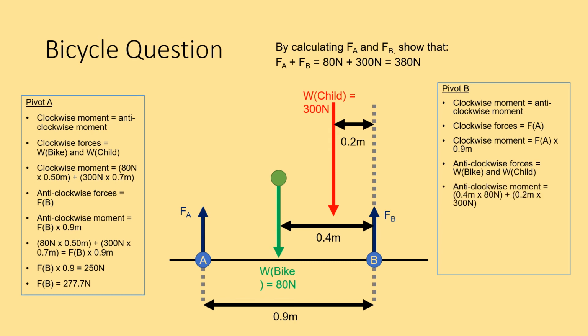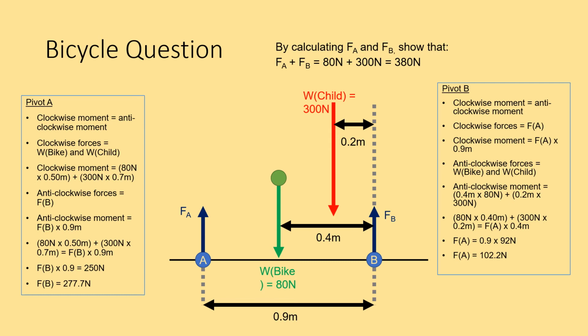And so now our anti-clockwise moment is 0.4 times 80 newtons plus 0.2 times 300 newtons. And we work that all out. We know they're in equilibrium. Force A is 0.9 meters away, and that gives force A is 0.9 times 92 newtons. And so we have force A is 102.2 newtons.